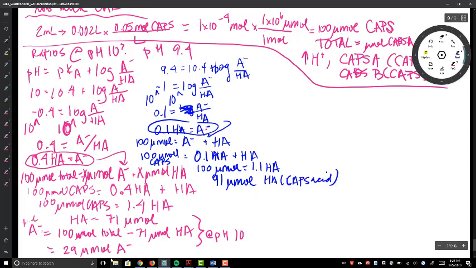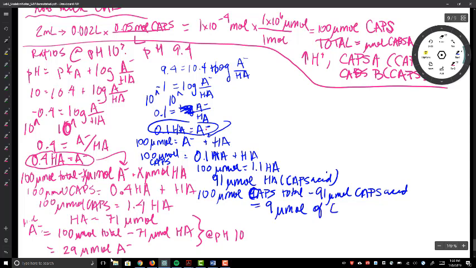So then to solve for caps base, 100 micromoles of caps total, sorry guys, minus 91 micromole of caps acid gives us 9 micromoles of caps base.